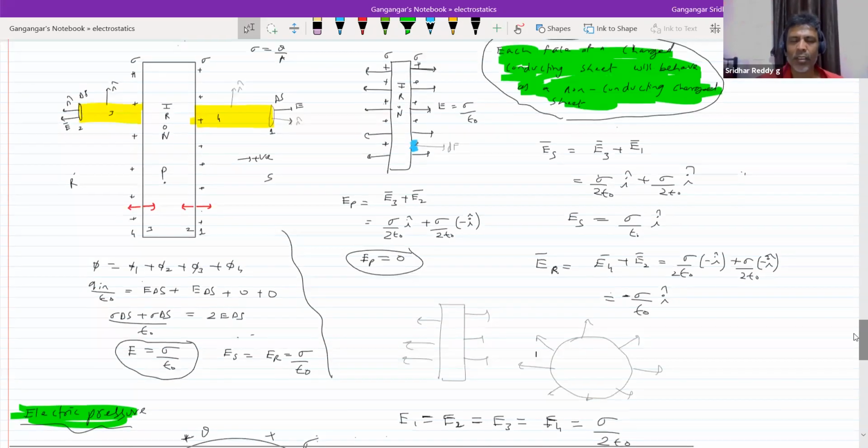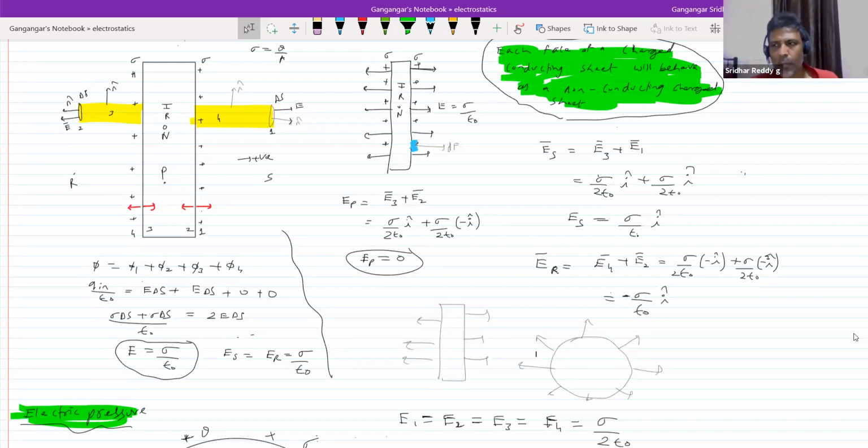Therefore, one charged conducting plate is made up of two non-conducting charged sheets. If you think in that way, the problem is very, very simple. Each face of a charged conducting sheet will behave as a non-conducting charged sheet. Face, I'm telling. If you take any plate, it will have two faces. Each face will behave like one non-conducting charged sheet. This is the core idea.